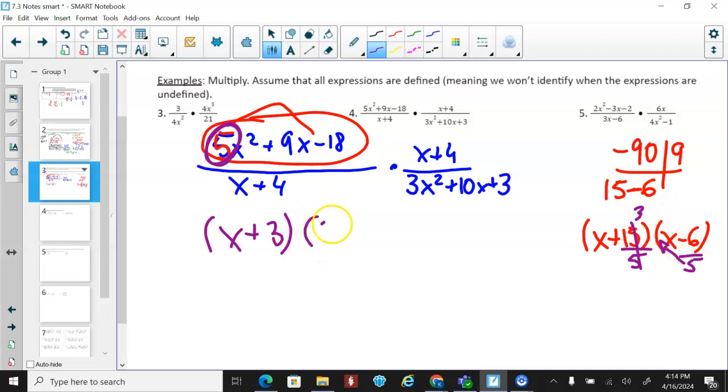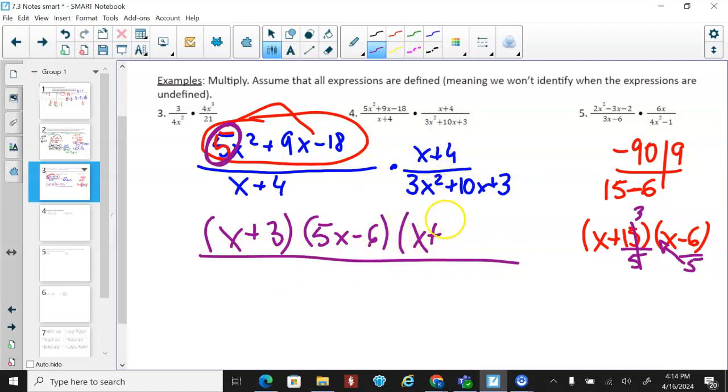And then the next factor is 5x, not 3x, 5x. Okay, minus 6. Now, I like to put everything under one line. So I'm going to put this x plus 4 here, okay? Because again, this is all multiplication in between. So I'm going to put this x plus 4 at the end.